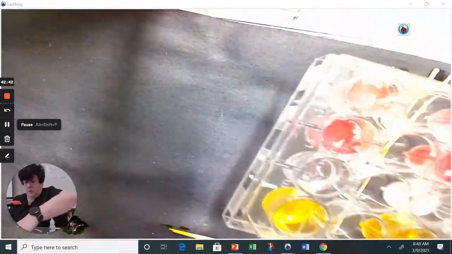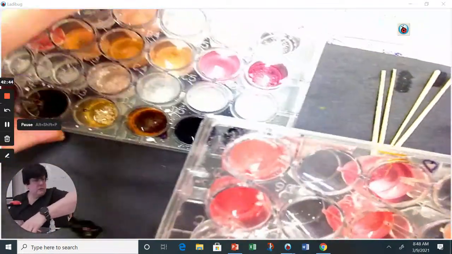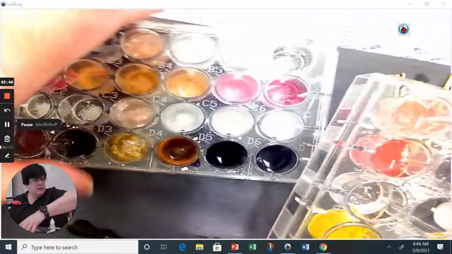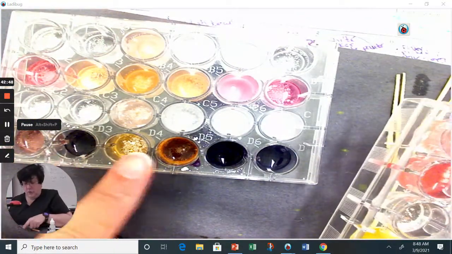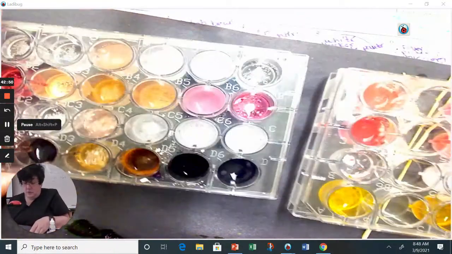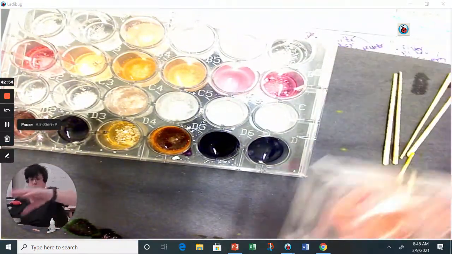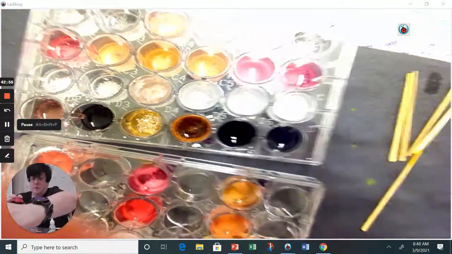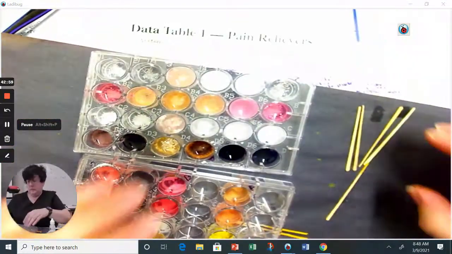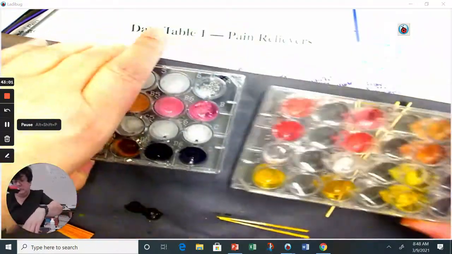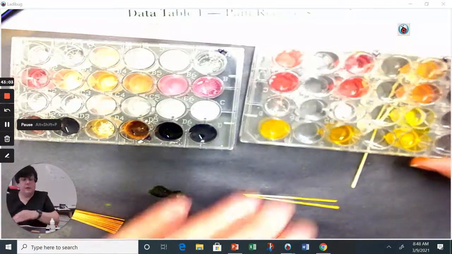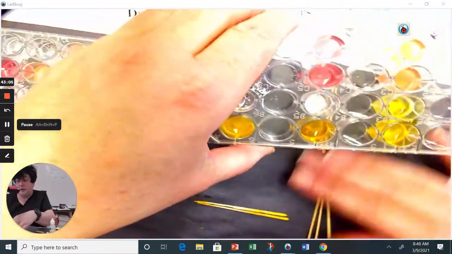All right, so these are our controls. Can't really get them both. Let me go up. There we go. Now you can kind of see them all together.